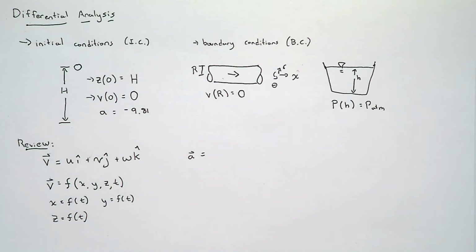material derivative. If we were to apply the chain rule, we would find that the acceleration is a function of not just time, but also a function of the change in velocity with respect to space as that space changes through time.